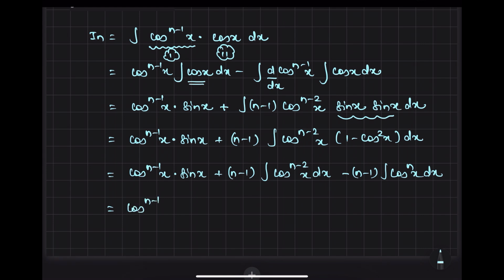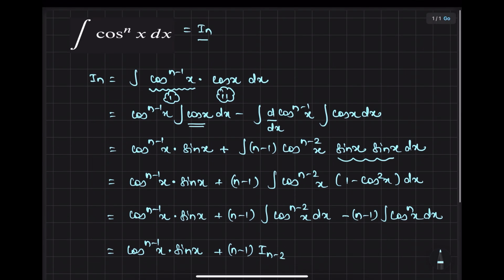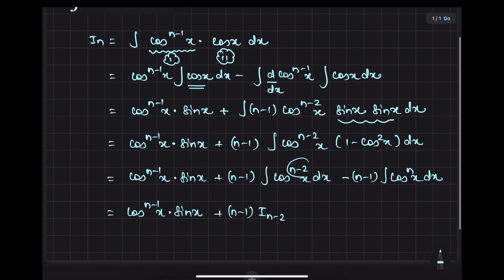Again apply the replacements. Cos n minus 1 x sin x plus n minus 1 I n minus 2, because we have considered it as In if the power of cos is n. So this time the power of cos is n minus 2, so we will consider it as I of n minus 2.